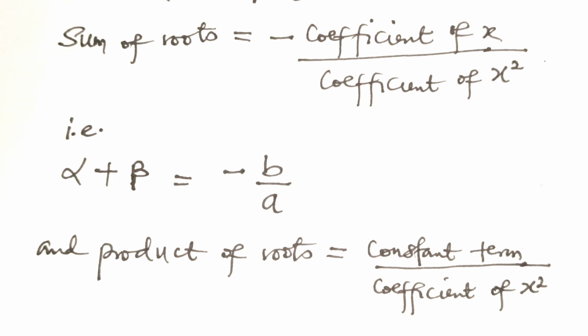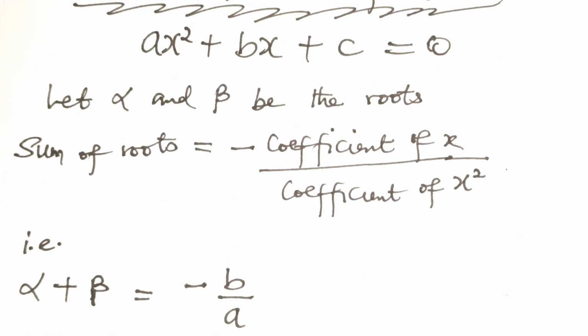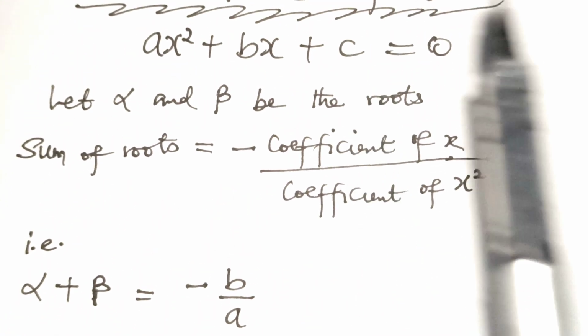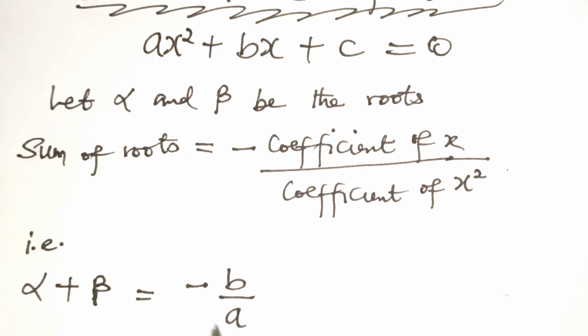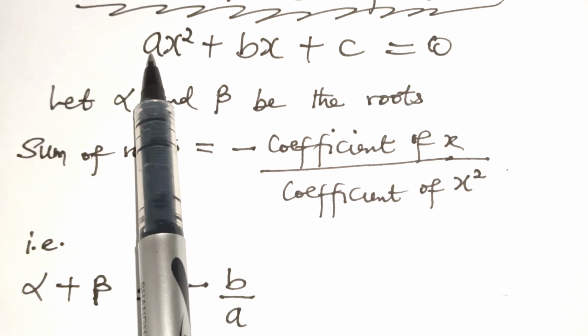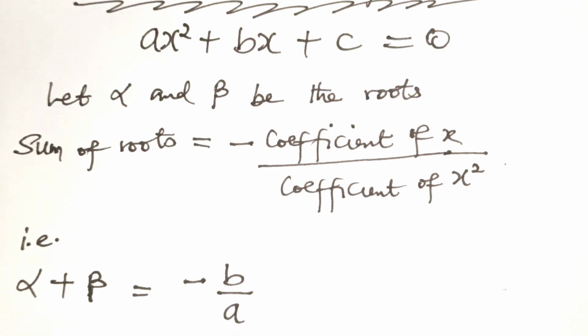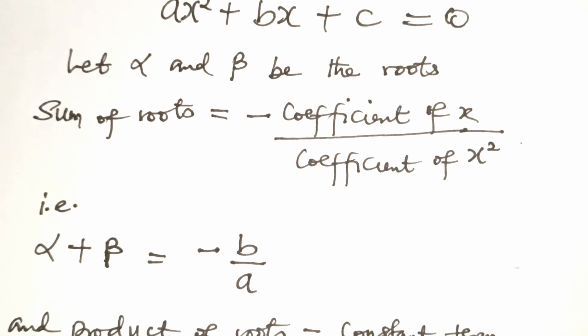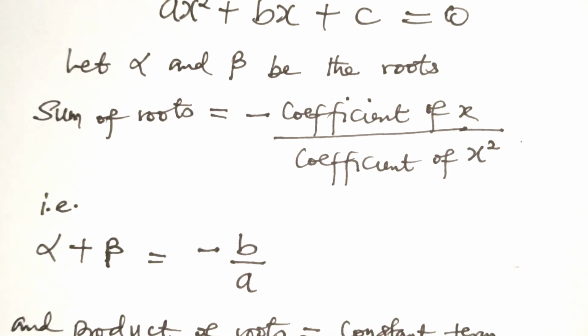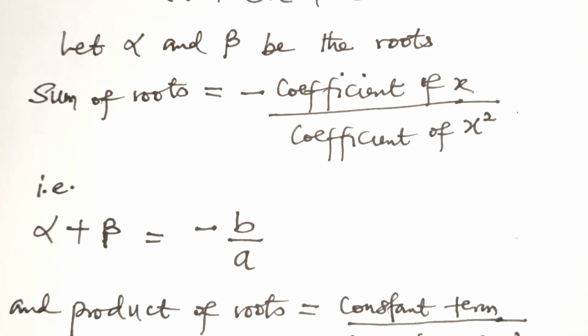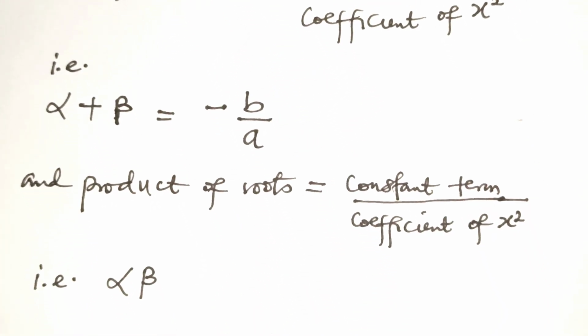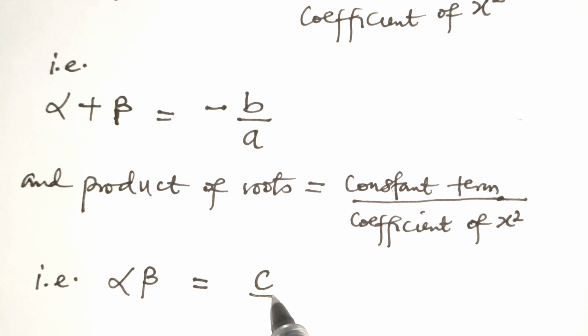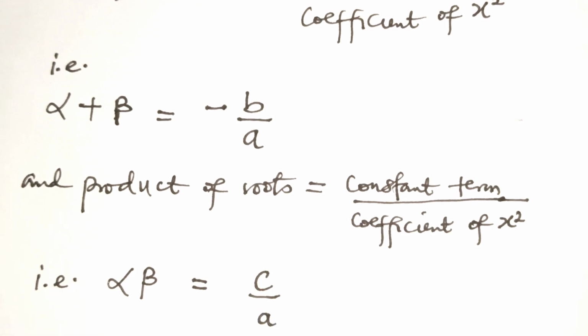So from the equation, the constant term is c, while the coefficient of x squared again is a. So we write alpha beta, which is the product of roots, is equal to c over a.